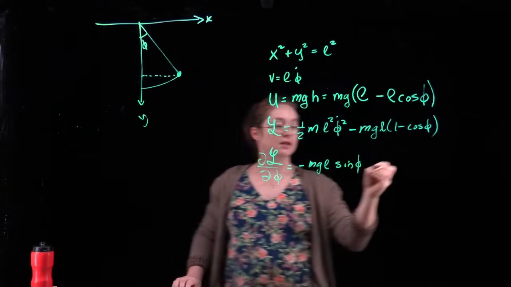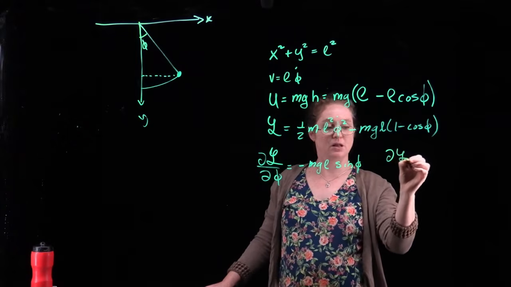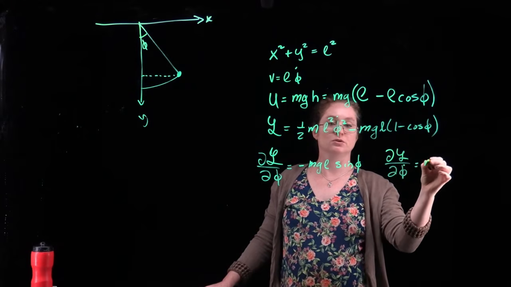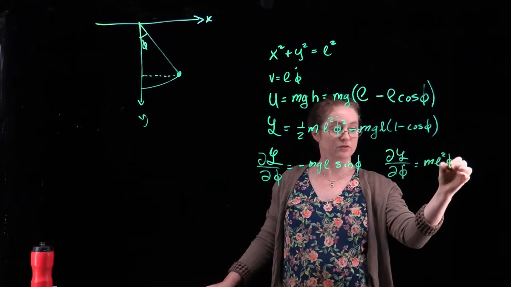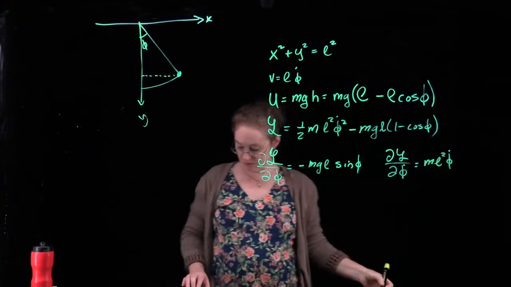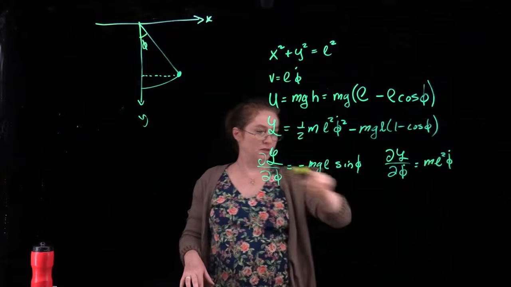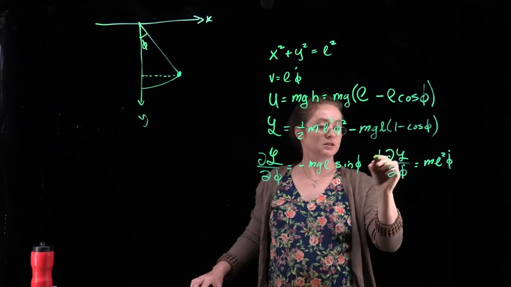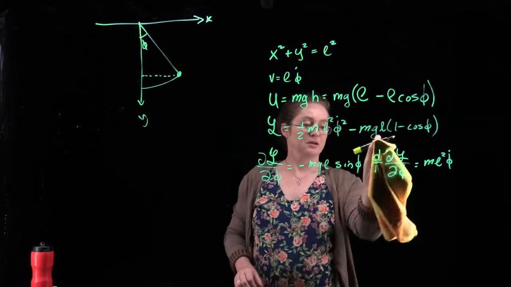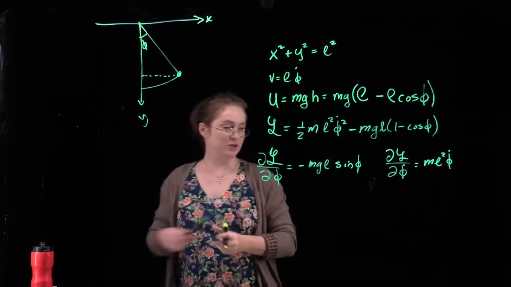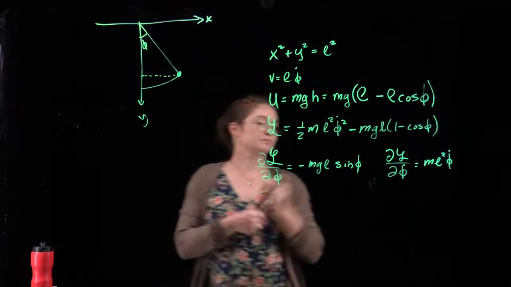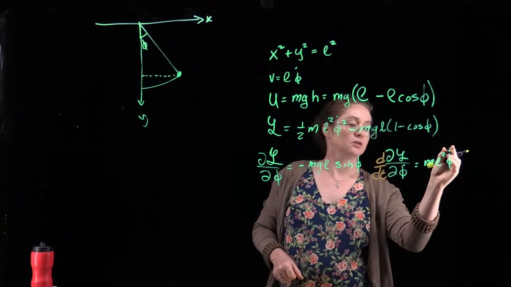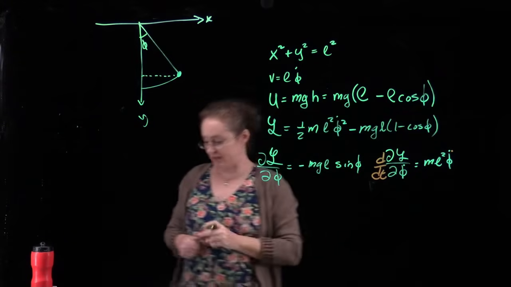All right, then partial L partial phi dot is equal to mL squared phi dot. And because L is fixed when we take the time derivative, let me do it my favorite way, using color coding. d/dt, the only thing we take the derivative of is phi dot.